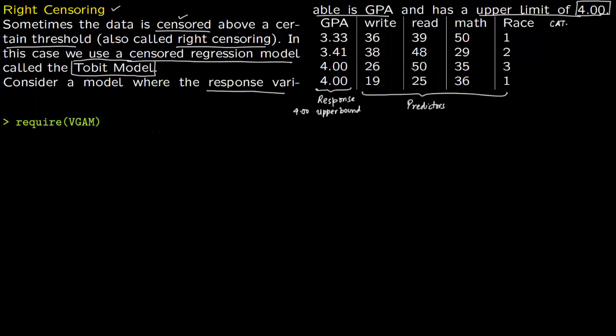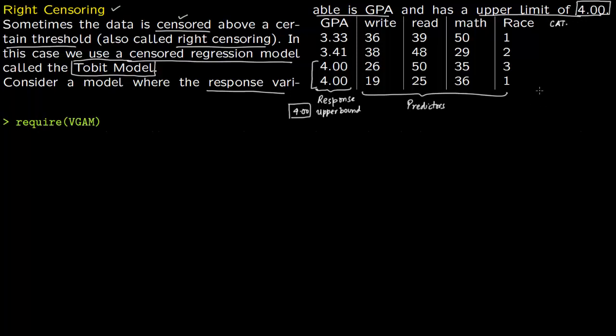You have the writing, reading, and math scores. Race is 3. And then the fourth row, GPA is 4. Again, writing score here is 19, reading score is 25, math score is 36, and race is 1. Notice that both these students have GPA 4, and this means that this data is censored above at 4. So there is a cap. This is already known to us. You are given that there is an upper limit of 4.